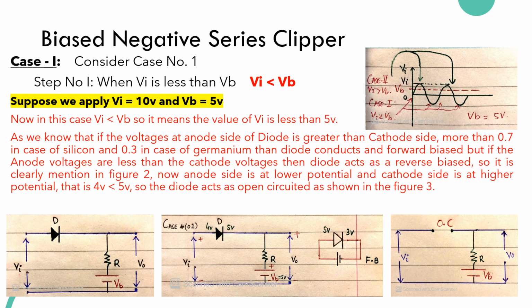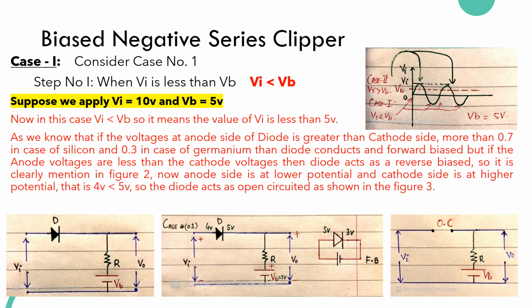Means now the cathode is at the higher potential and anode is at the lower potential. So in this case 4 volts is less than 5 volts, so the diode acts as open circuited as shown in figure 3.